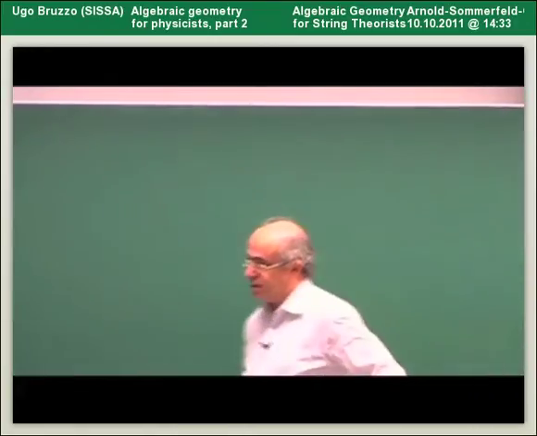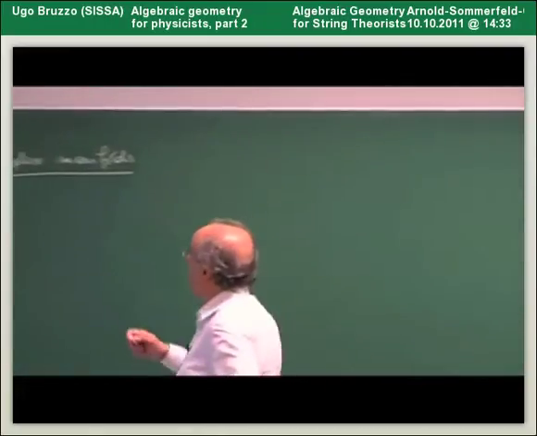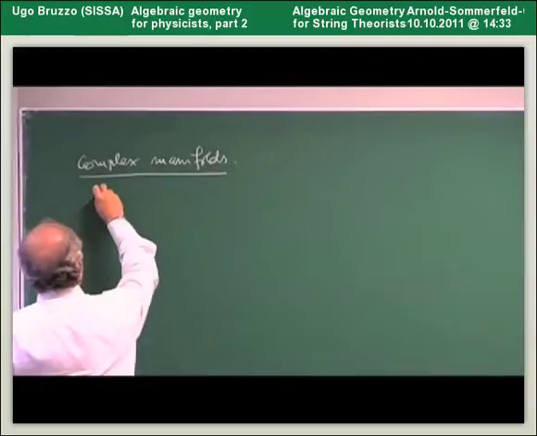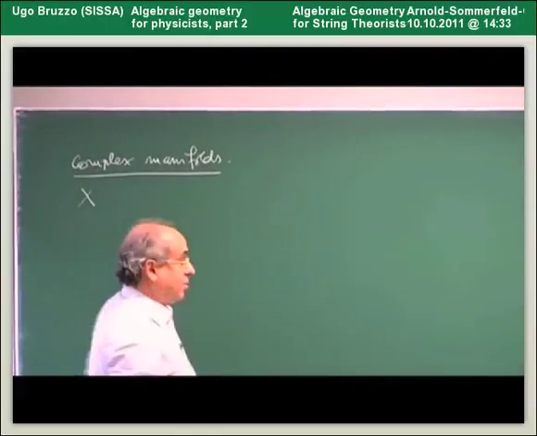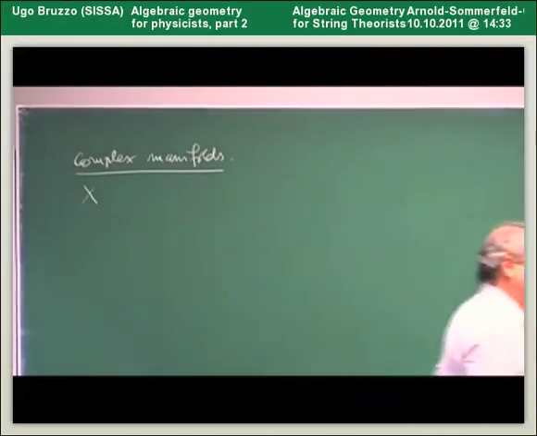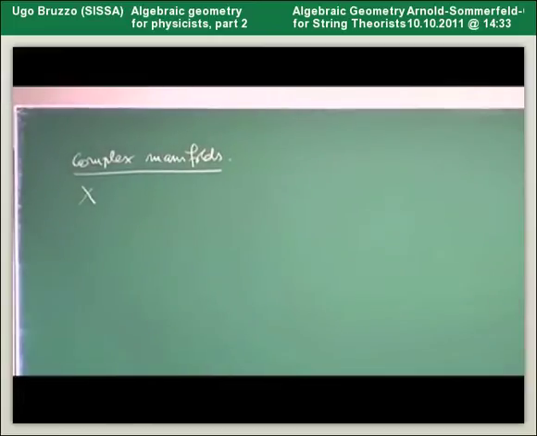A complex manifold is the same kind of idea, but where instead of considering C-infinity functions, we consider holomorphic functions. In particular, we shall model our space on open sets in C^n rather than R^n. So we have a topological space X, which will have some nice topological properties, which always help a lot in doing geometry on such spaces.